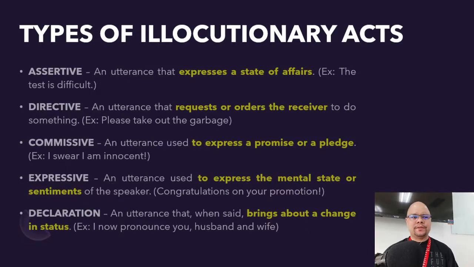So there are a few types of illocutionary acts. In fact, there are 5. First one is assertive. When you simply want to be assertive, it means that you are going to say words for the purpose of expressing a state of affairs.